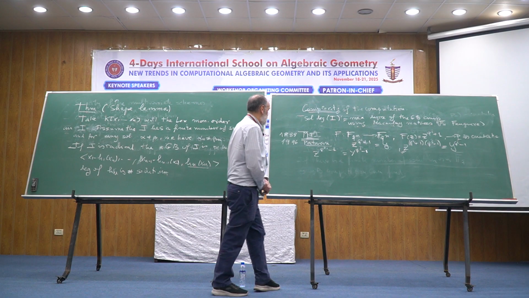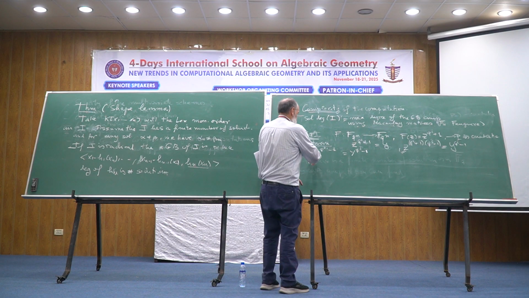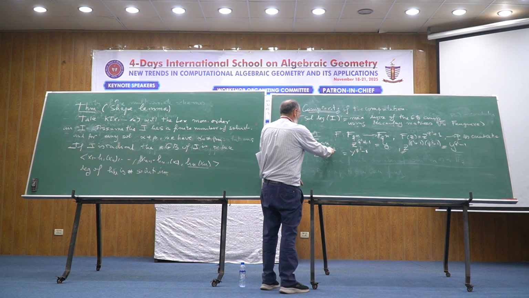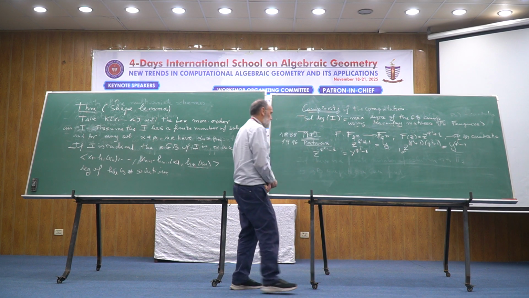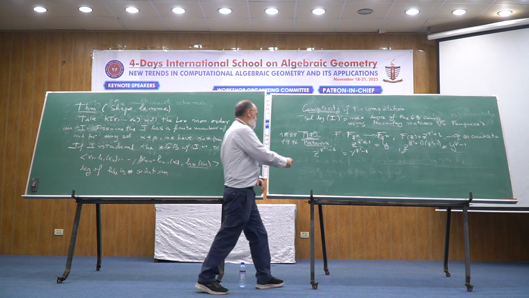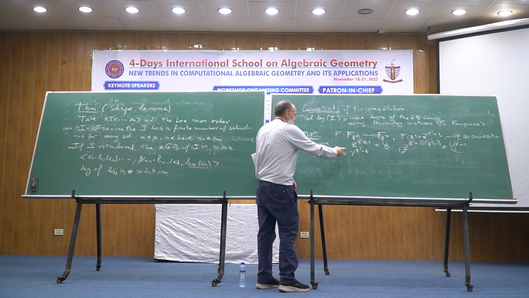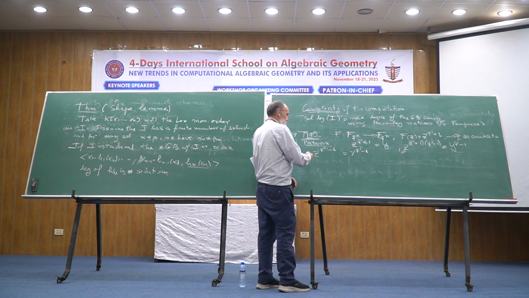Then we can move y into the denominator, and z into the denominator there. I mean, multiply by z and multiply by y, on both sides.